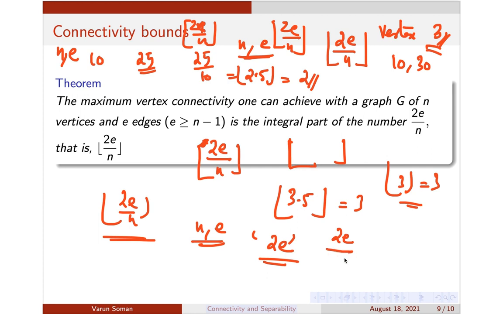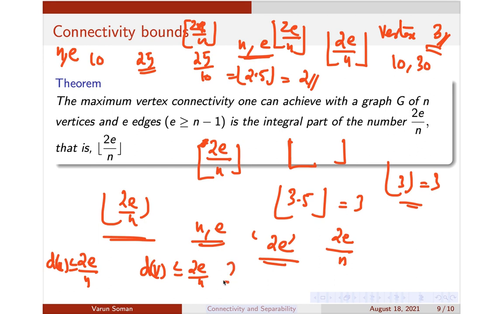If you know some essential concepts from combinatorics, I can tell you that there exists at least one vertex v_i such that its degree is less than or equal to 2e/n. Is it true? Why is it true?